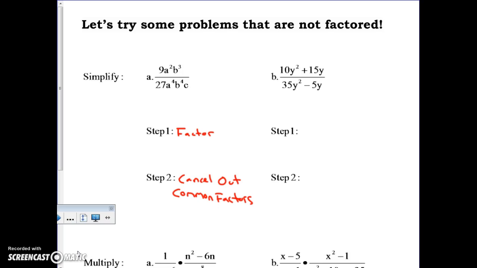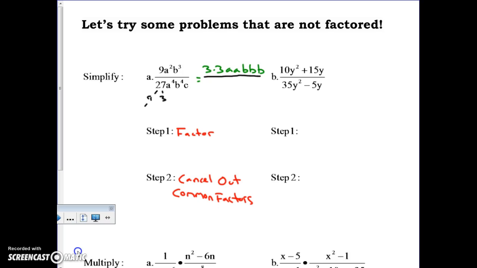So I'm going to show you, like in problem A, I'm going to write 9a squared b cubed as 3 times 3 times a, a, b, b, b. That's over 27. All right, you have to do a little more work with 27. 27 is 9 times 3.